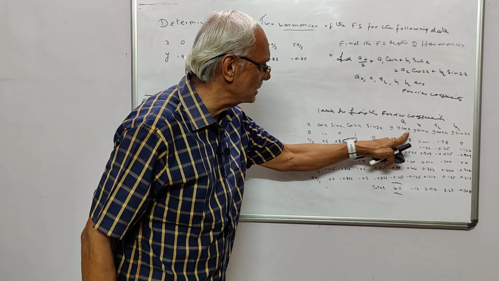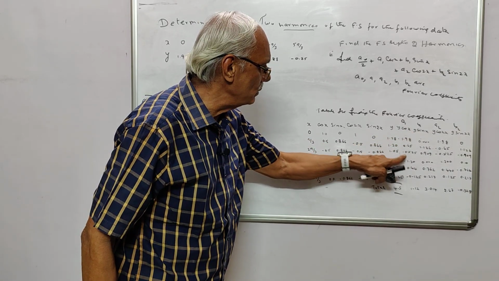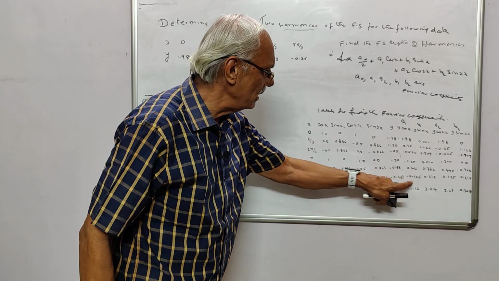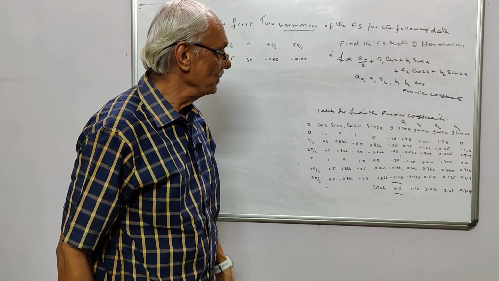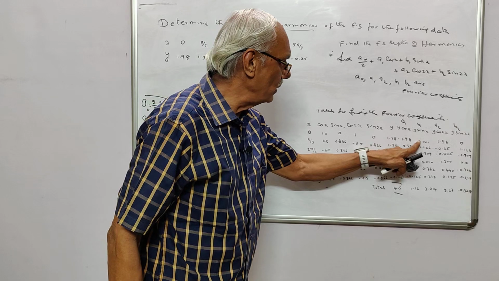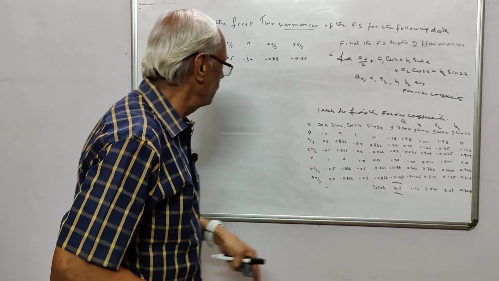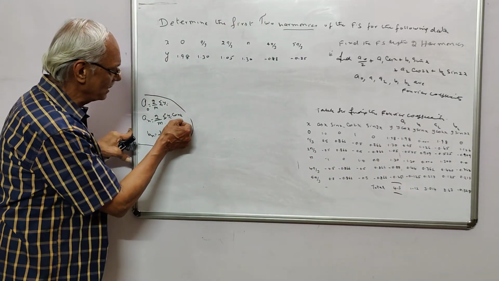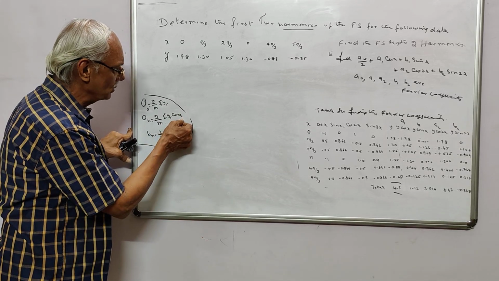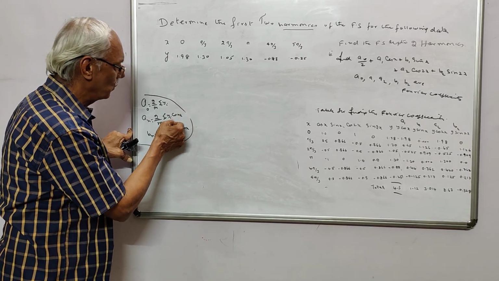Here you have got y cos x: y1, y2, y3, y4, y5, y6 into cos x. Then if it is sin x, it is y1 sin x, y2 sin x, y3 sin x, y4 sin x.